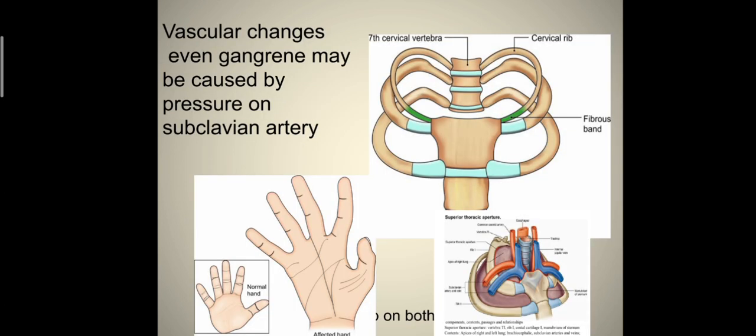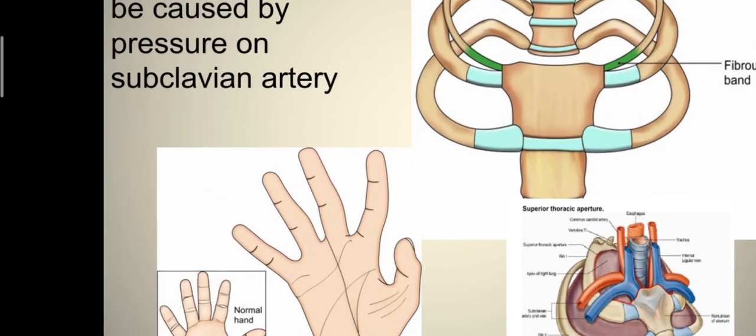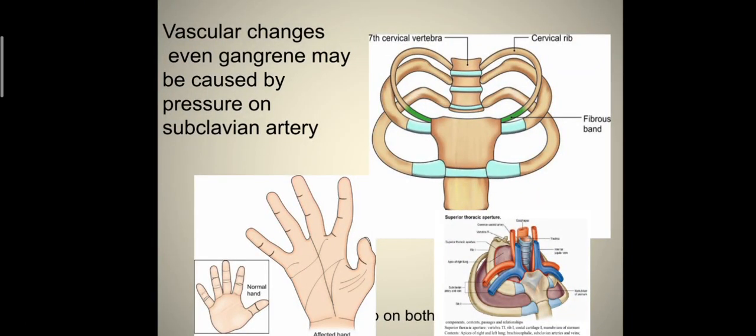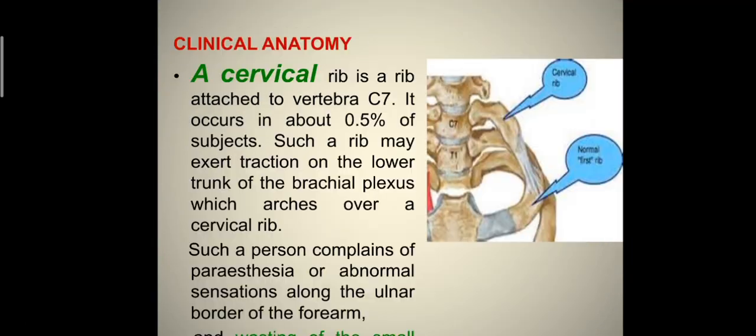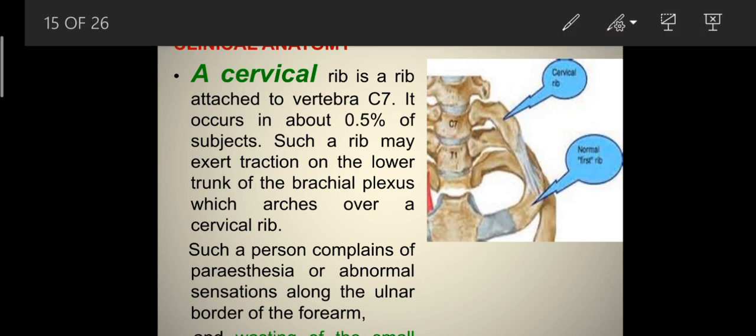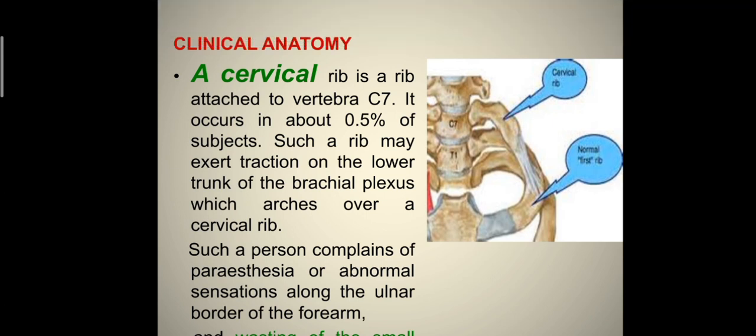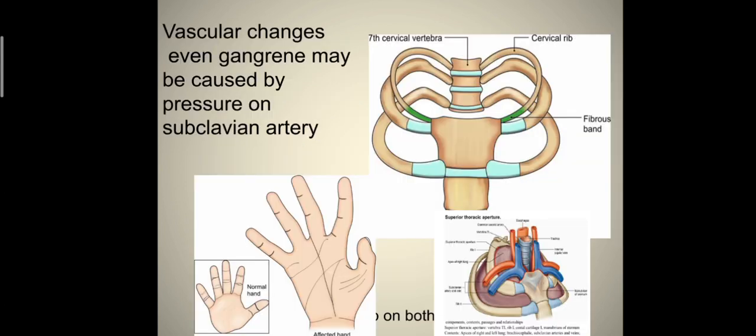Due to the cervical rib, there are complaints of paresthesia or abnormal sensation along the ulnar border of the forearm, and vascular changes. Here you can see that the subclavian artery and subclavian vein pass related to the superior surface of the Sibson's fascia.